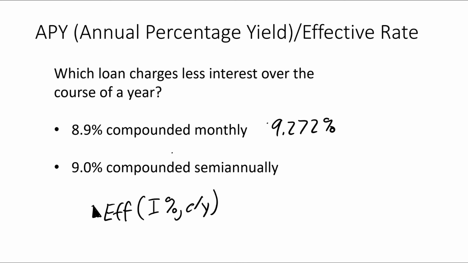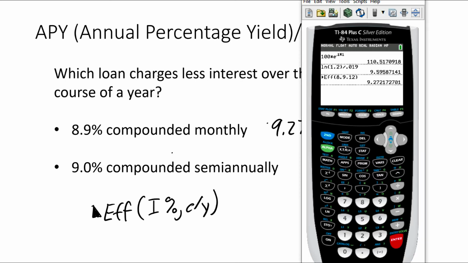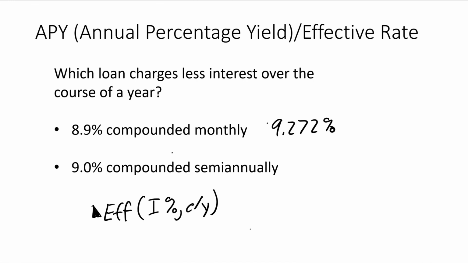So that is the effective rate of that loan. All right, let's do the same thing for 9%. So apps, finance, up to EFF. So 9%, and then a comma, and semi-annual, so that's 2. And we get 9.203.